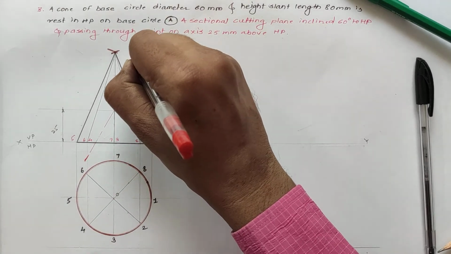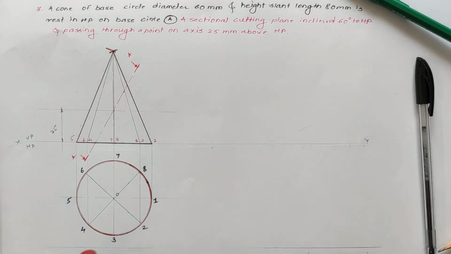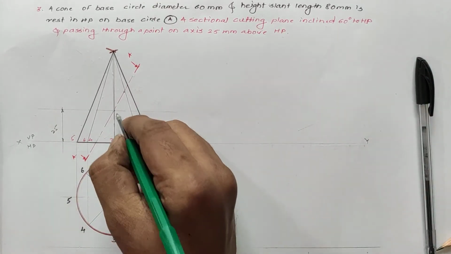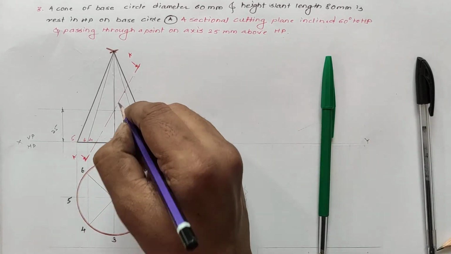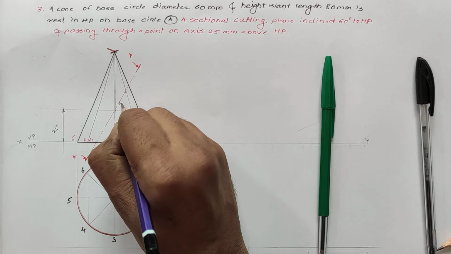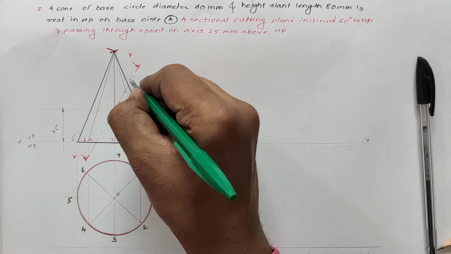Show the arrows, cutting plane AA, and it cuts the points. You can show this angle here, it is 60 degrees to the HP.